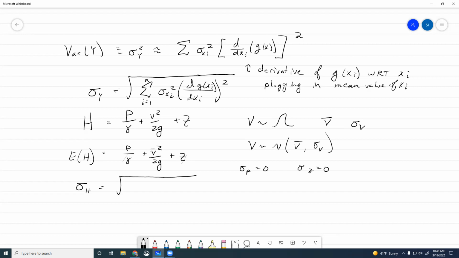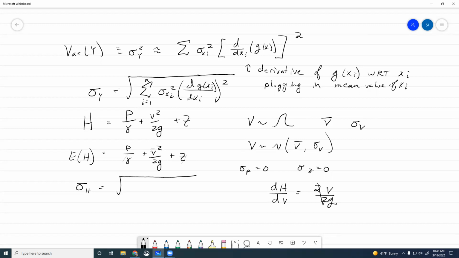So first we'll find the derivative of H. dH with respect to v is equal to, we'll treat these as constants so they go away. So we just get 2v over 2g. Is that right? So v over g, that's our derivative.